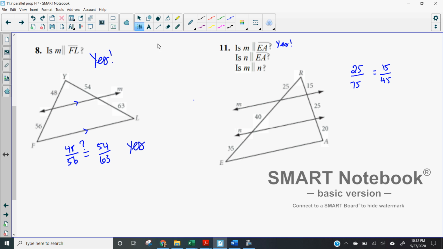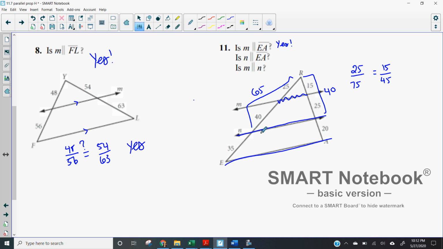Now, is N parallel to EA? We want to know, I shouldn't put those markings in there. That's what we're questioning, are these two parallel? So that means this does not exist. Now we've got a big piece of 40 and a big piece of 65.